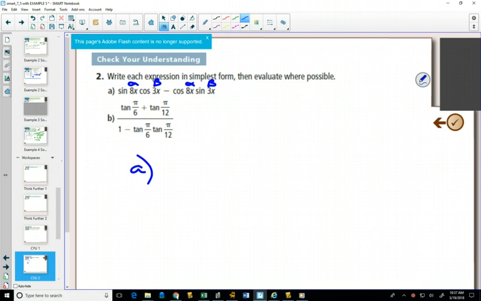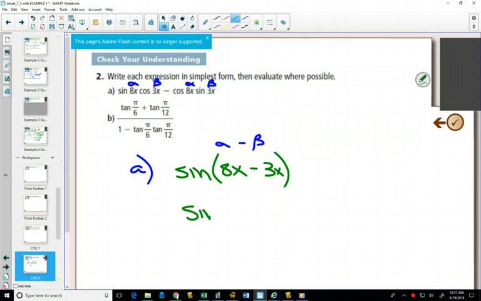It matches up with sine alpha minus beta. So then we can put in, well, our alpha was 8x, our beta was 3x, so it'll be sine 8x minus 3x. I can simplify those because they're like terms. And so in simplest form, this just becomes sine of 5x.